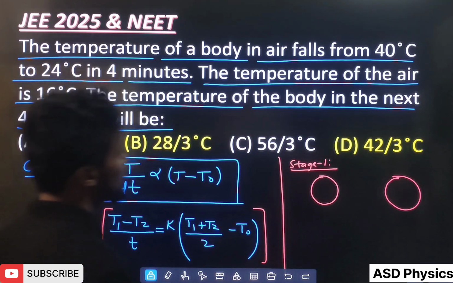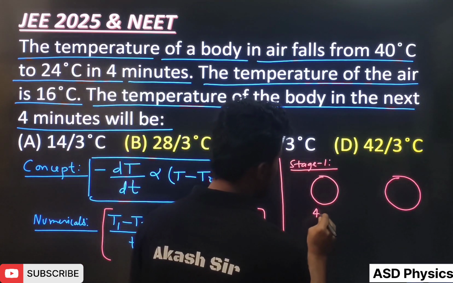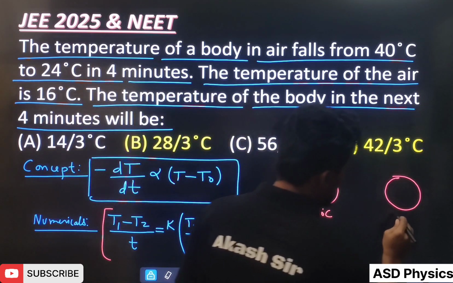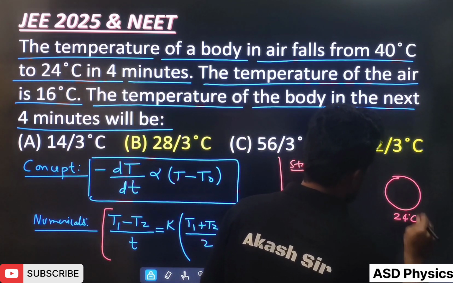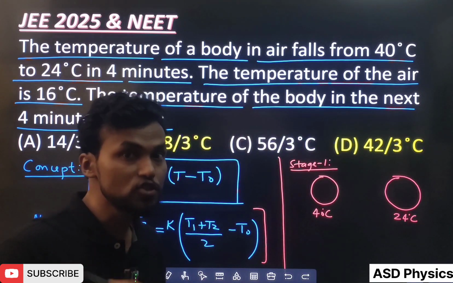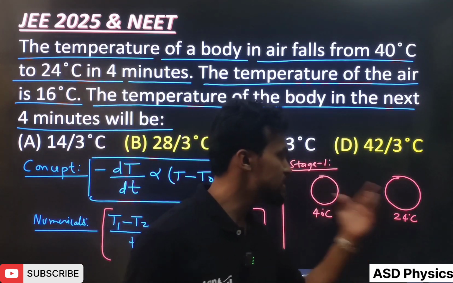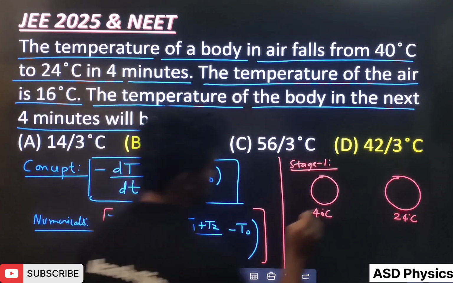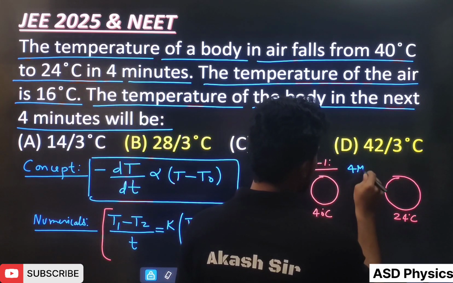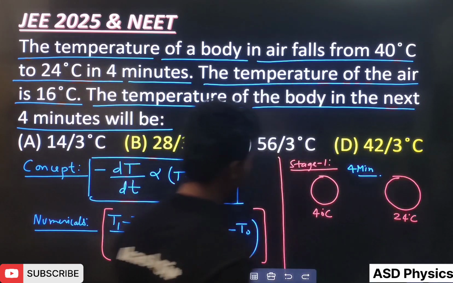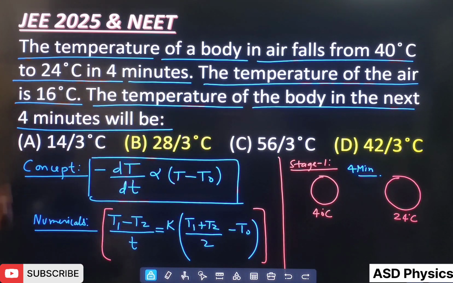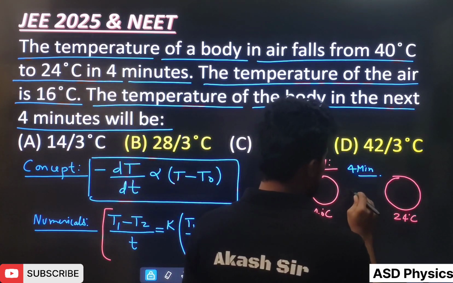One temperature is 40 degrees Celsius, the other is 24 degrees Celsius. The temperature of the body decreases from 40 degrees Celsius to 24 degrees Celsius in how much time? The time given is 4 minutes. And the temperature of the surrounding, that means the temperature of the air, is given as 16 degrees Celsius.